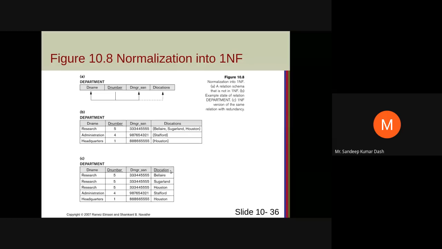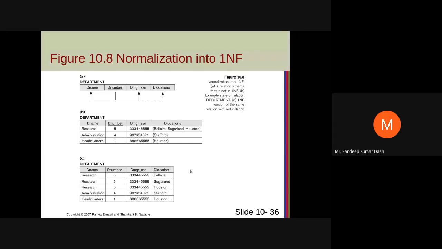I will design one column D location 1, another column D location 2, another column D location 3. So Bel Air will be in D location 1, Sugarland will be in D location 2, Houston will be in D location 3. That solves my purpose. That means the new relation that I built with 3 columns, D location 1, D location 2, D location 3 is in 1NF. That will also be a solution.